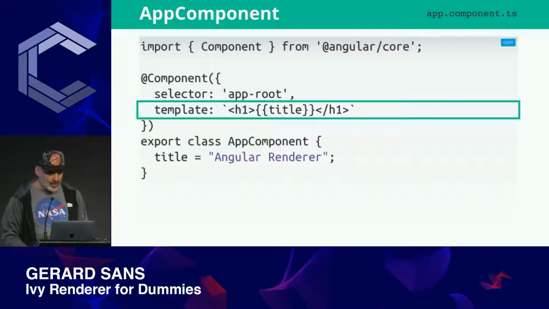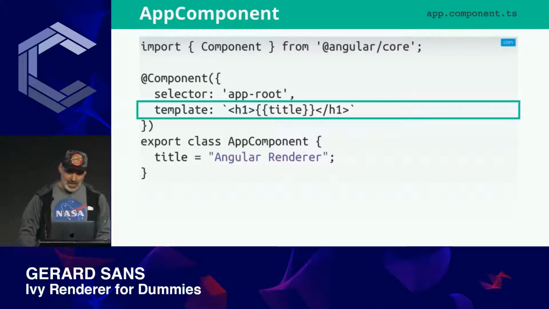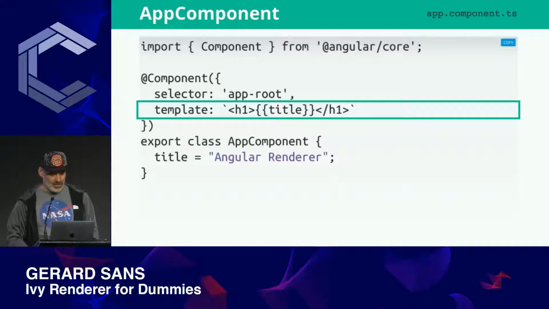So we have this component, it's just rendering an H1 element with a title, and we can see that we are using this title with the Angular renderer as a string, and that will be rendering this H1 element inside. So this is a pretty straightforward component. We can see also the use of the selector. So it's going to look for that element, the app root, and it's going to replace that with this HTML.